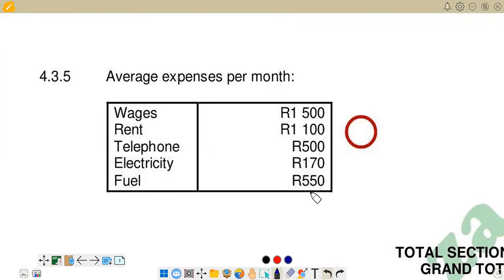The total that you are going to get there is 3,820. Basically, these are total average expenses, so every month we have this expense of 3,820. We're going to put that in the answer section.